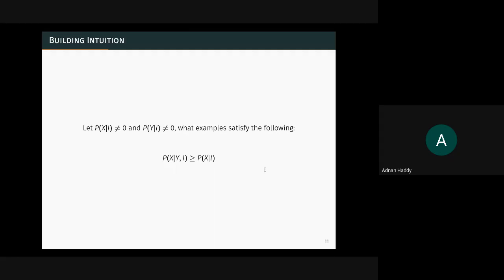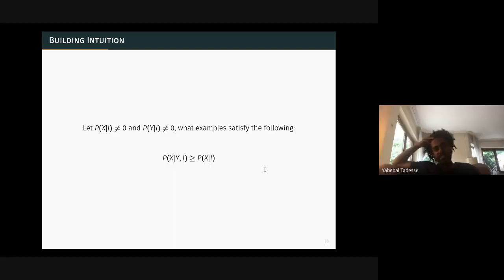What examples satisfy the following? The probability of X happening given that Y has already happened is greater than the probability of X happening. Fantastic. That's exactly what it is.